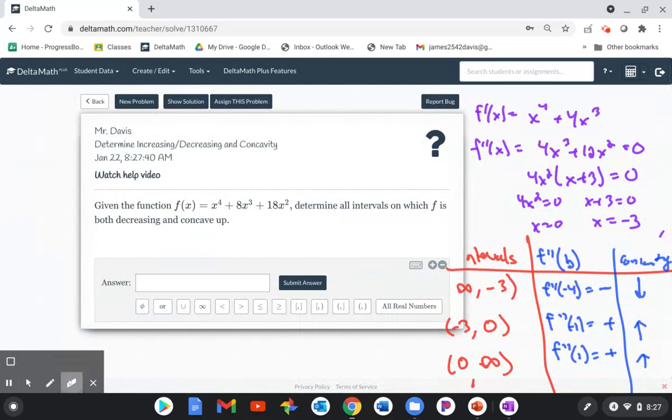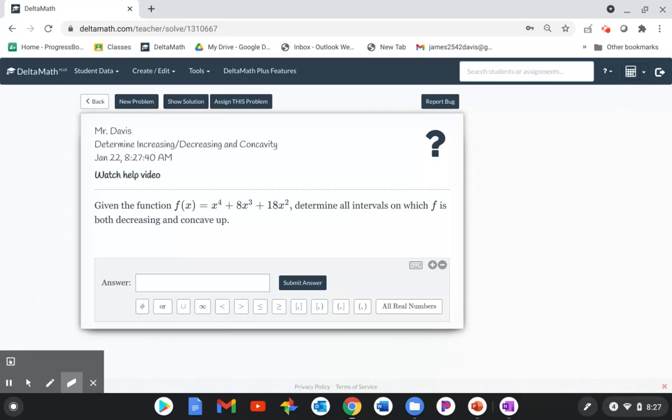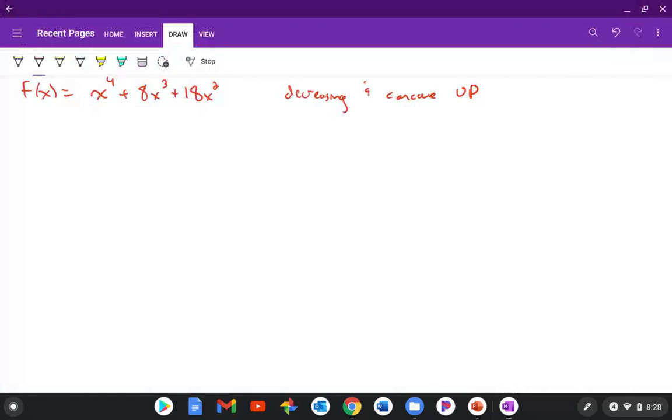On this section, we're going to have to determine both the concavity and increasing/decreasing. So I'm actually going to pull up another page here so we've got more room. All right, so we're asked to find where it's decreasing and concave up, and I've got it written over here.